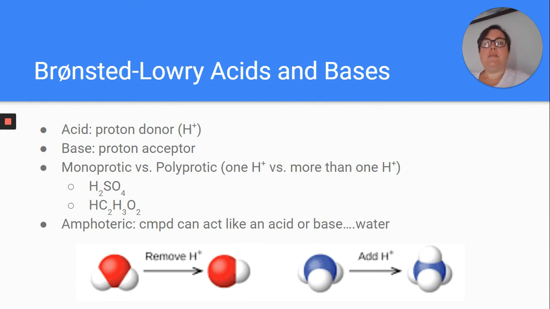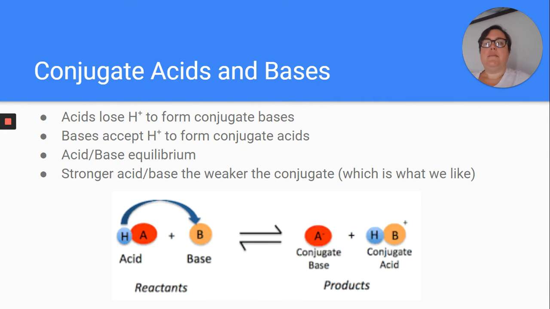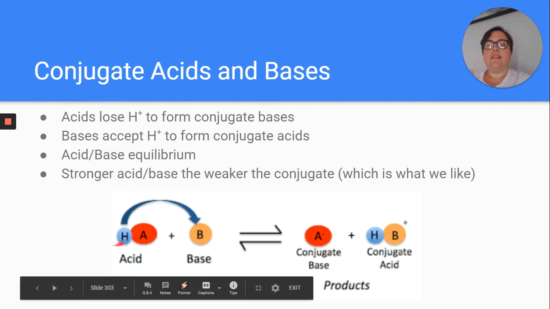So what you have to be able to do is take a reaction and label the acids and bases. But not only that, you're also going to the product side and labeling what the products are. So acids lose hydrogens to form conjugate bases. So the acid loses the hydrogen, take away the H, and we're left with A minus. And that's a conjugate base.